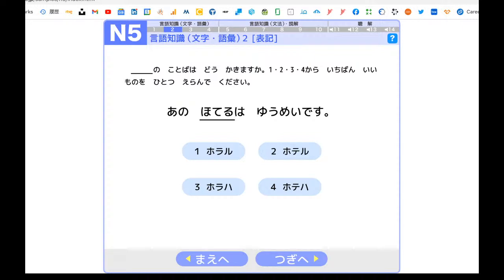The first one and the third one, they are ra. Do you see the difference between ra and te? So you need to recognize te and ra first, and just skip the first and third. And then now you have options 2 and 4. And you need to find ru.